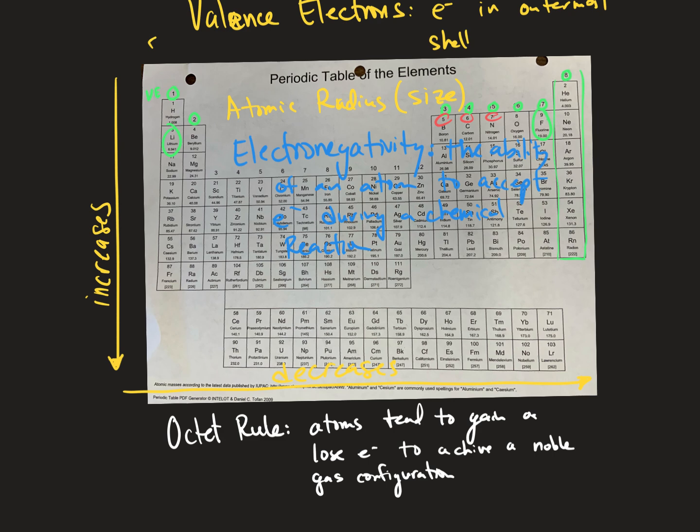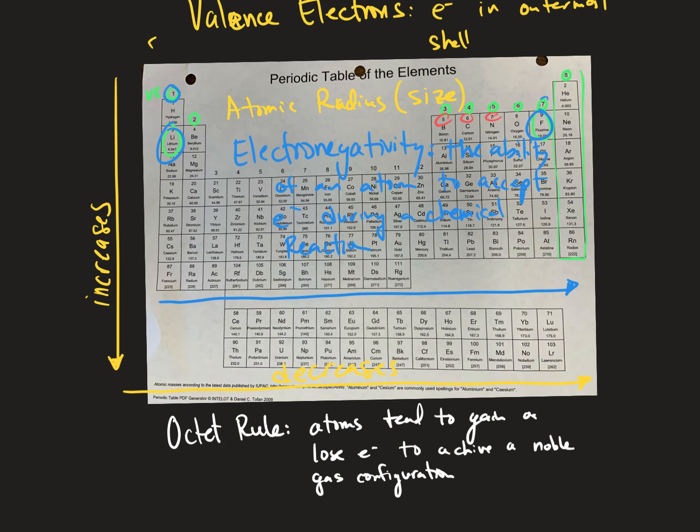So from left to right, which atoms tend to gain electrons more? Lithium or fluorine? Fluorine. Which one wants to gain electrons? Remember, this guy has 1 valence electron.